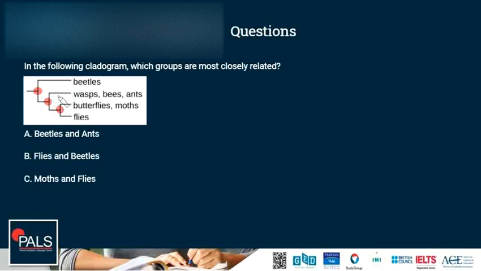Beetles and ants are not very closely related. Moths and flies are closely related. They have the same common ancestor. We go back in time, we don't have to go back far, and the two lines will meet. So the correct answer here is C, moths and flies.